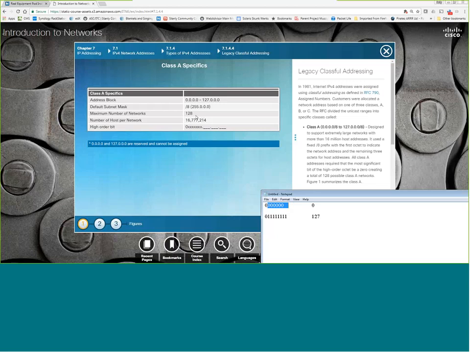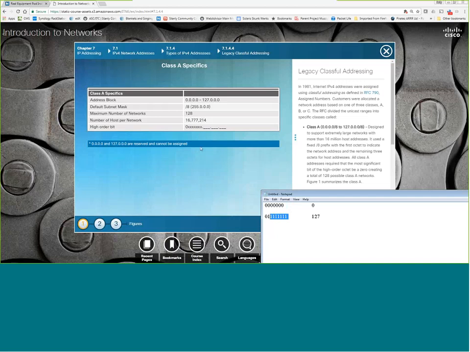That confused me for years and years. I'm like, well, it's a class A, it's /8, that means there's 8 bits in the first octet. There should be 256 networks. Why are there only 128? And then I realized, well, duh, the first bit position has to be a 0, so that cannot change. So there's only 7 bits that can be used for the actual networks, 2 to the 7th, 128.